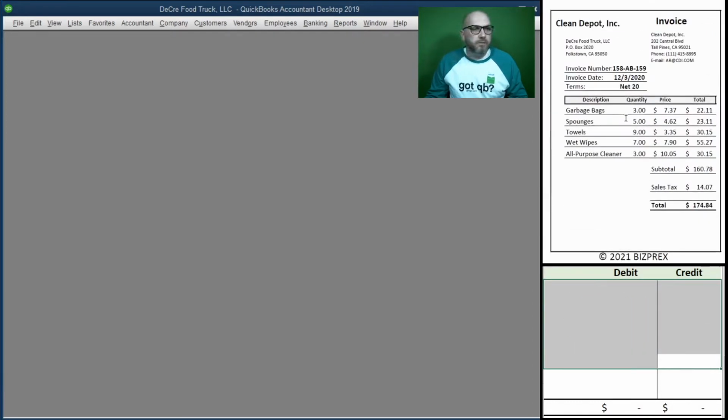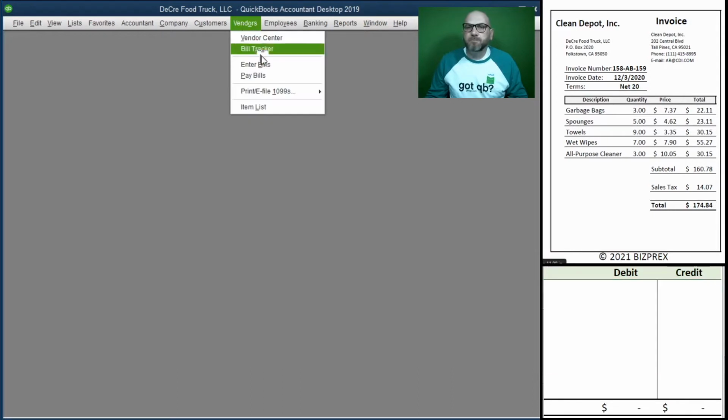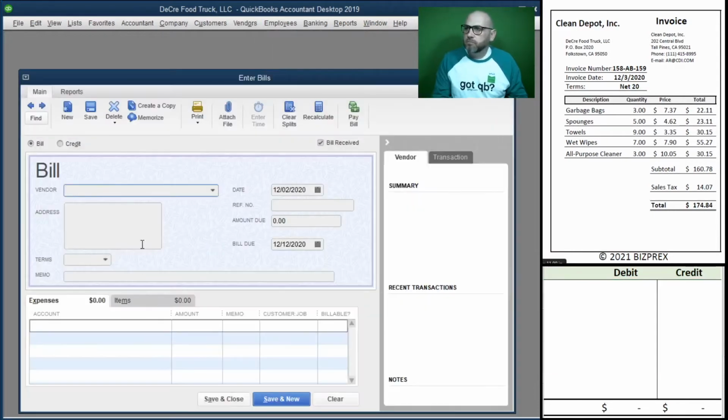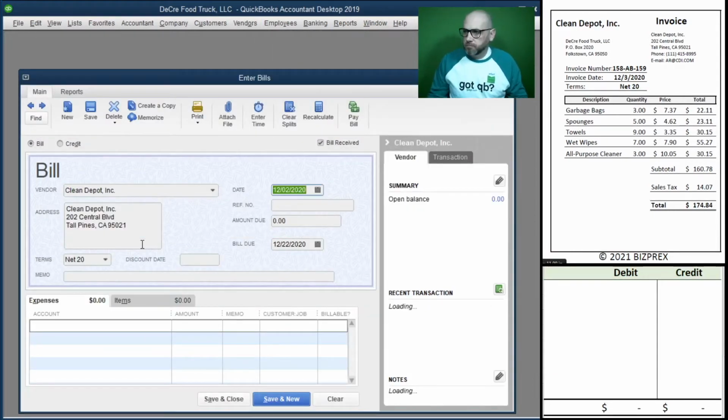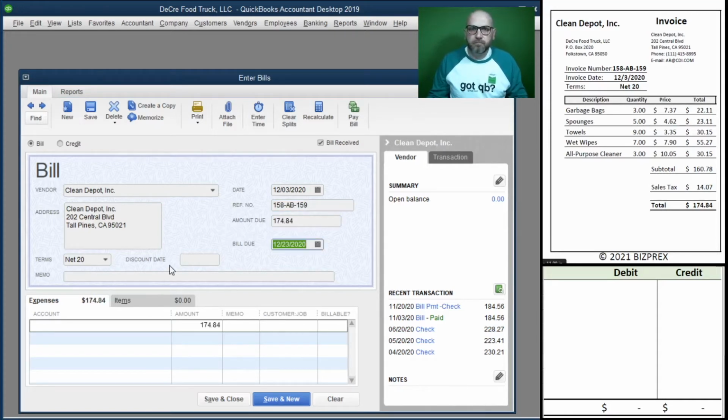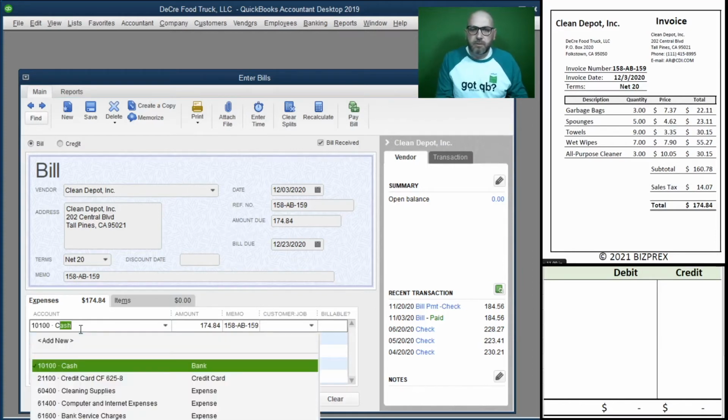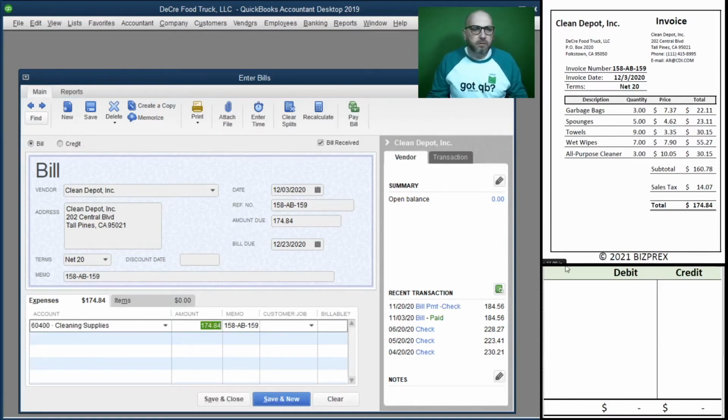All right, we have another bill to enter. Okay, 20. Excellent. I'm going to continue using invoice as our reference number. Okay, those are cleaning supplies. Again, we've covered it, but it's important to solidify.